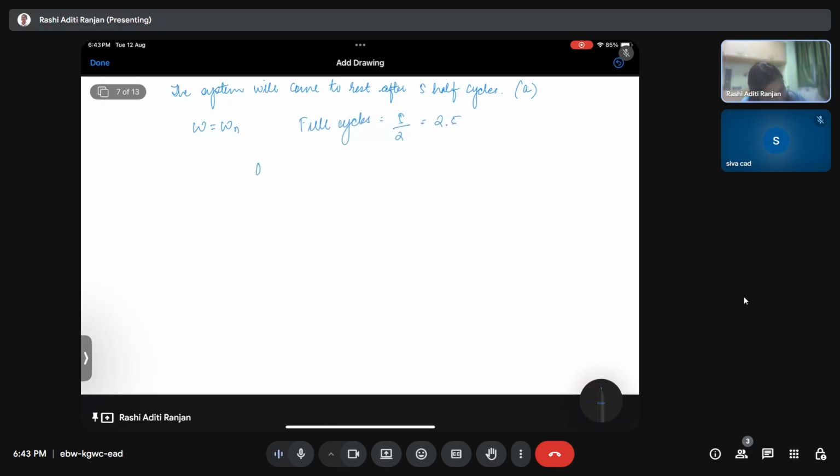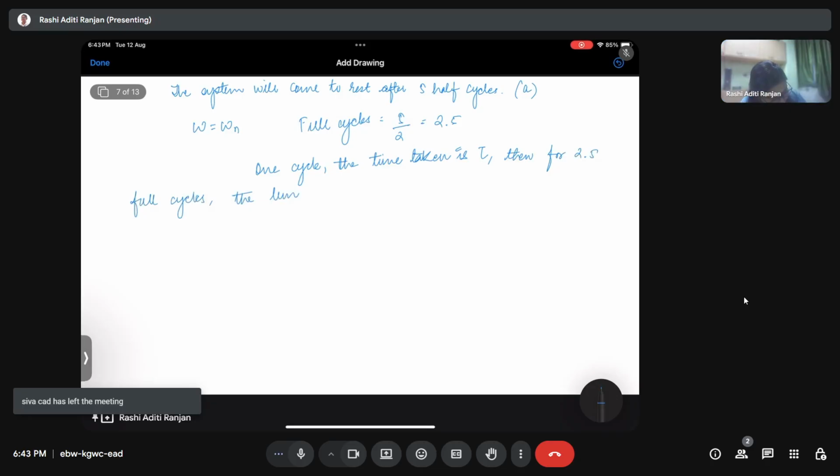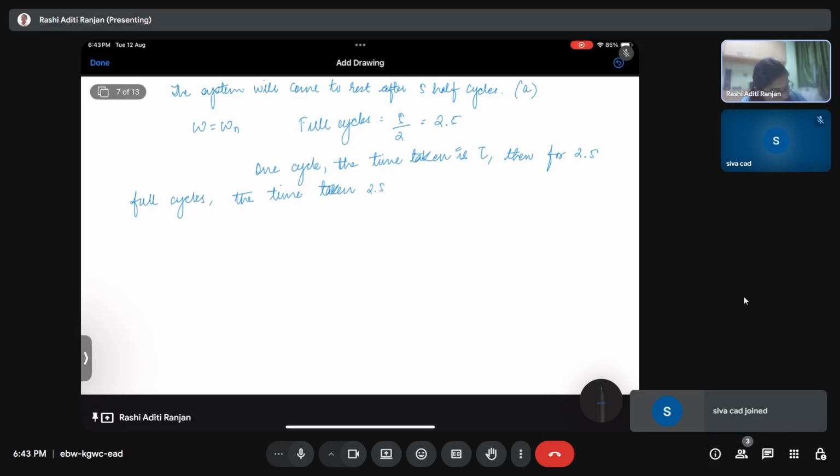Okay, so for one cycle, the time taken is tau, then for 2.5 full cycles, the time taken is nothing but 2.5 tau. Okay, so this is what it is going to be.